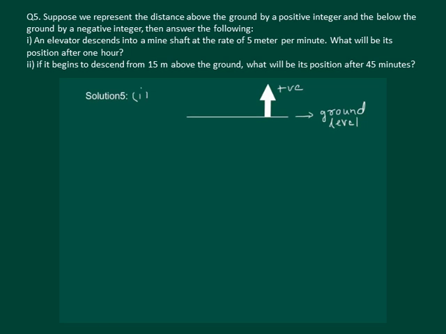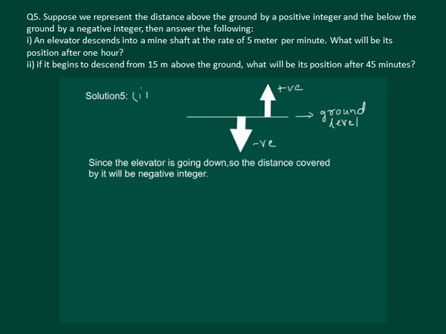Let us first understand the question. It is given that if this line represents the ground level, then the distance above the ground level is a positive integer and distance below the ground level is a negative integer.